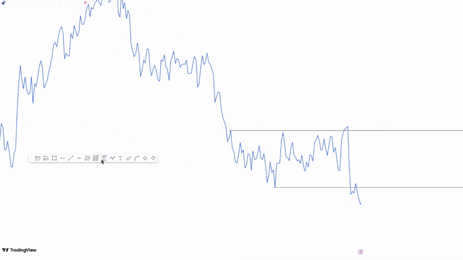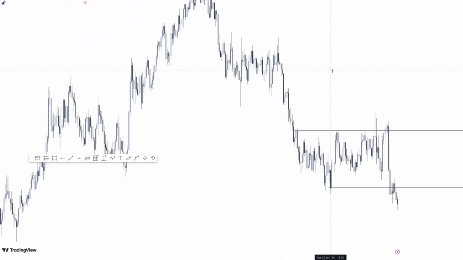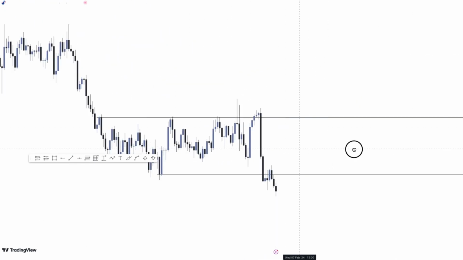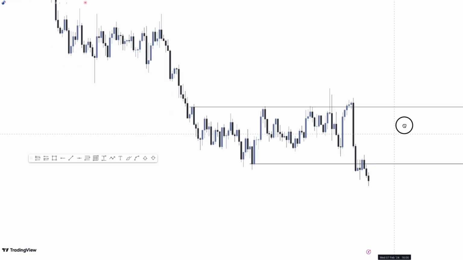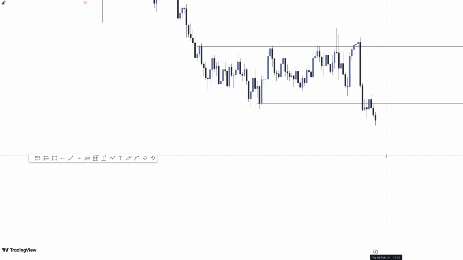Now let me show you real quick what I did expect right here. Let me switch to candlestick. Now you can see this is the candlestick format. I'm not holding on NZD, but what I did expect is what you see, guys. Now I still expect the downfall on this.